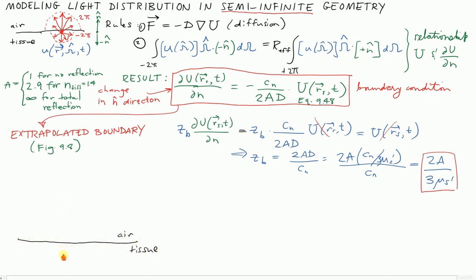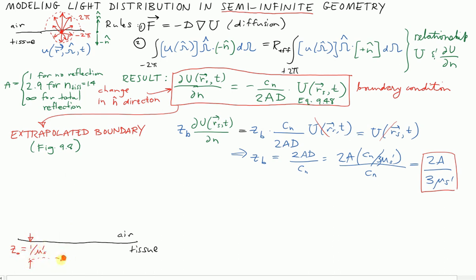We're going to make the gross approximation that all of those photons scatter exactly one mean free path for scattering below the surface of the tissue. So if I mark that out for you, this height here, I'm going to call Z0, the depth of the source inside of the tissue, and that's equal to 1 over the reduced scattering length.